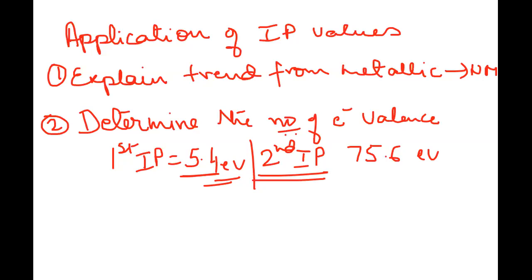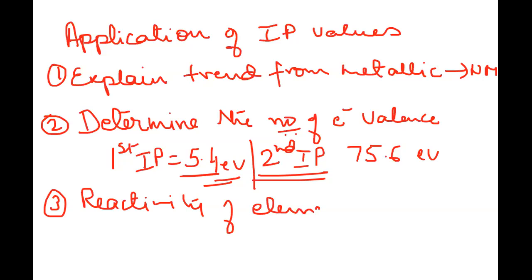The third application is the reactivity of electropositive elements. Let us go back to the periodic table. When you go down the group, IP values decrease.